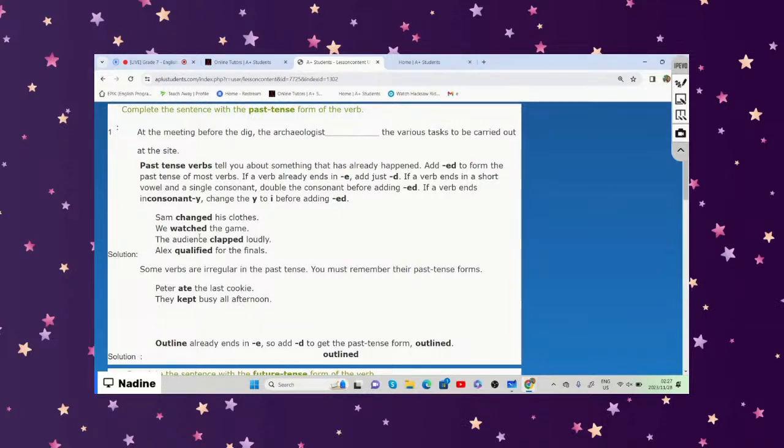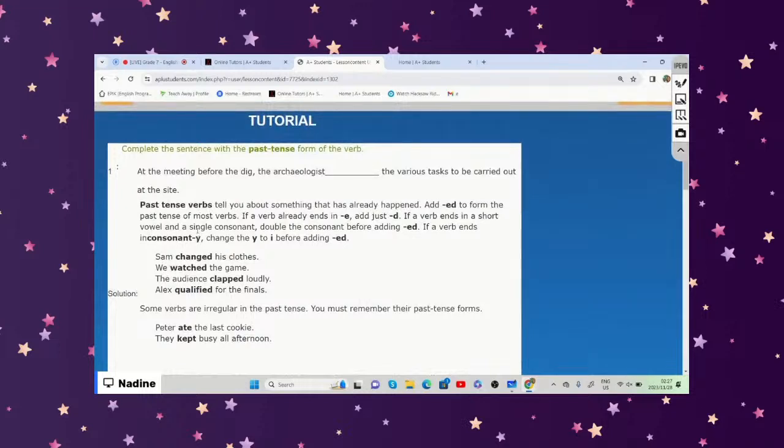So here it says that past tense verbs tell you about something that has already happened, and we add an ed to form the past tense of most of our verbs, right? And we say that if the verb ends with a consonant and Y, we change the Y to an I and add ed, so we have almost like IED.